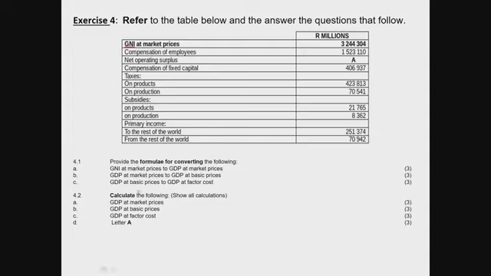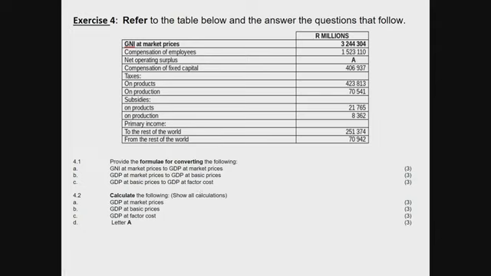And then to go from basic price to factor cost, you're going to start off with your GDP at basic price plus subsidies on production minus taxes on production, which will then give you your GDP at factor cost.